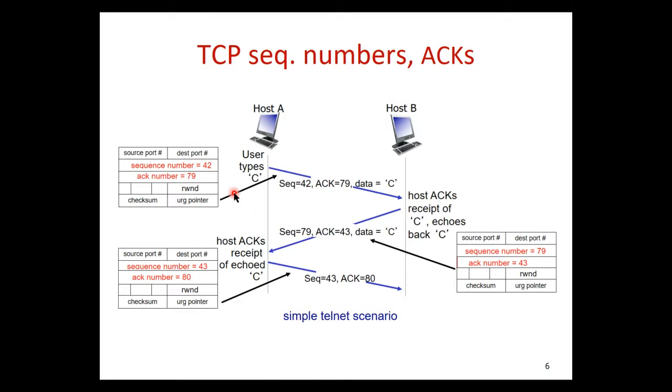Now, because in TCP the acknowledgement is not the number that has been received, but that number plus 1, it sends back ACK 43, meaning it tells A that it has received up to 42 and expects to receive 43 next. So is that part clear?